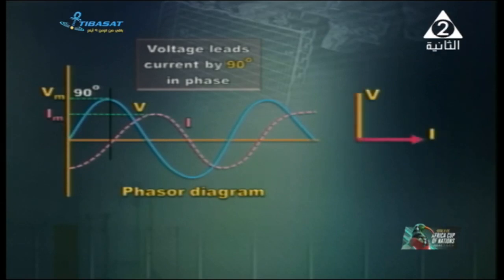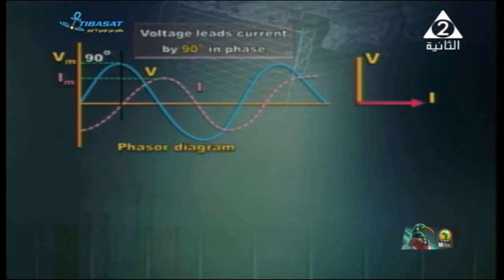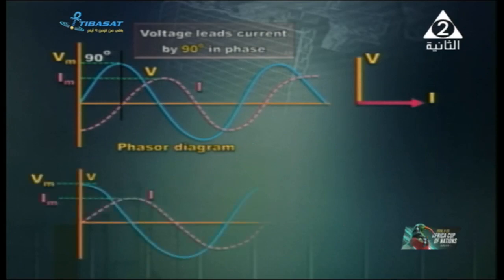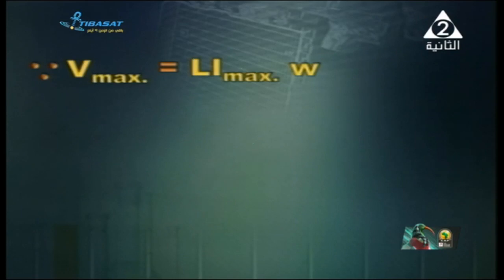And now we'll try to obtain the quantity that represents the opposition to the flow of the current. Voltage leads the current by 90 degrees. So we want an expression that gives the opposition. First of all, V maximum is equal to L I maximum omega.